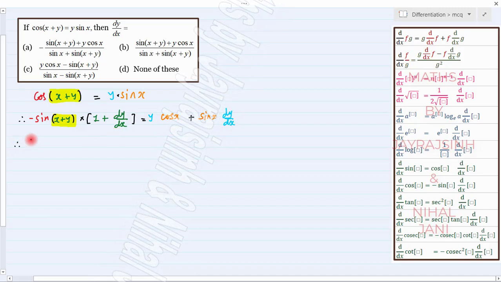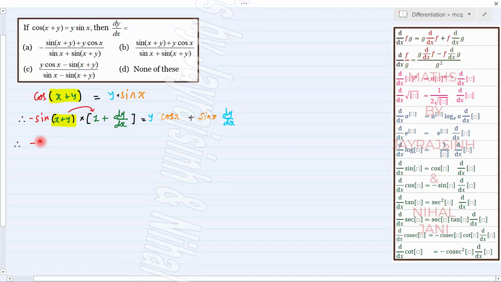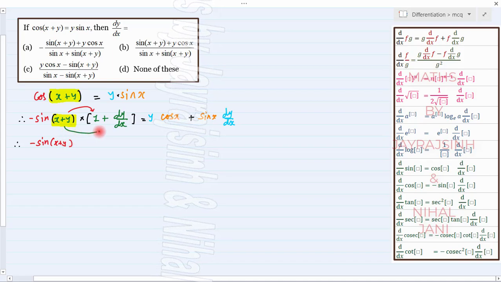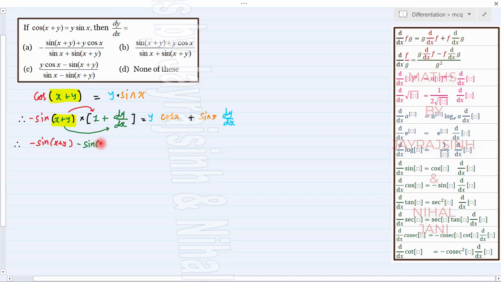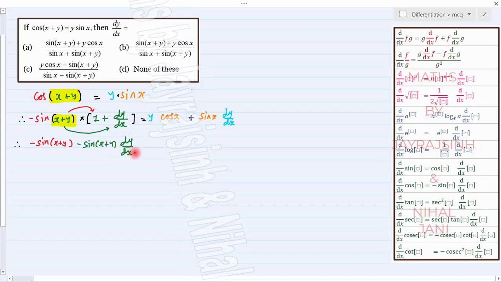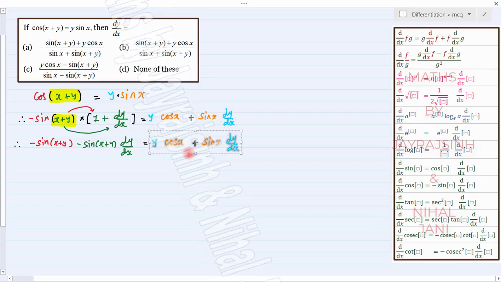Now let's simplify the left hand side. Multiply sine box with 1, so we will get minus sin(x plus y). The same term with the dy by dx. So we will get minus sin(x plus y) into dy by dx is equal to, and the whole right hand side will be as it is.